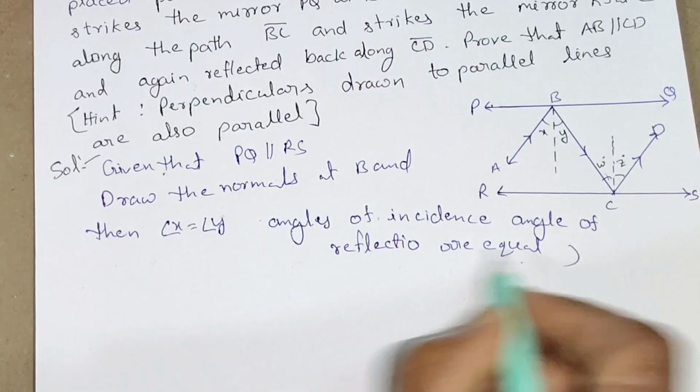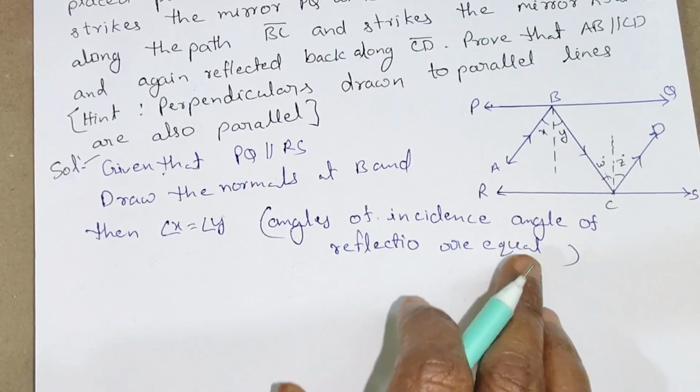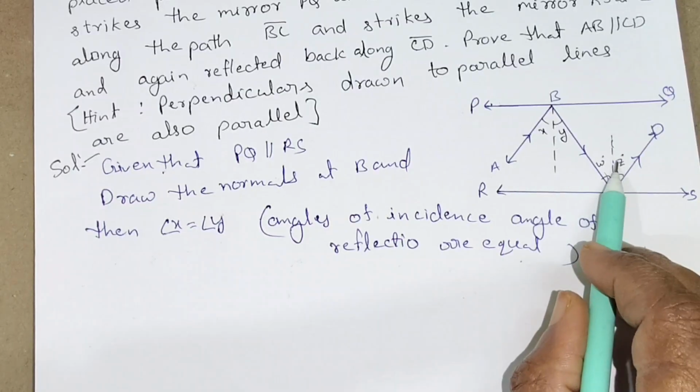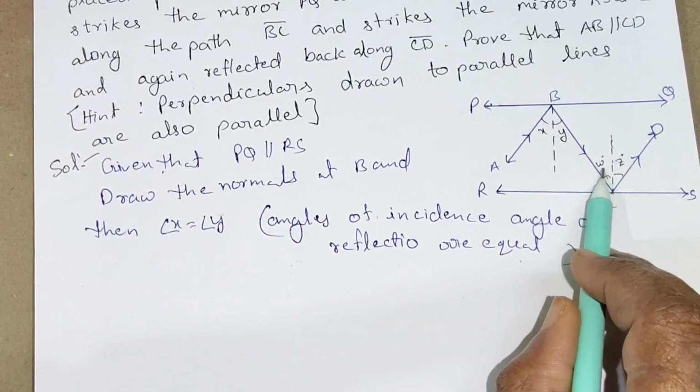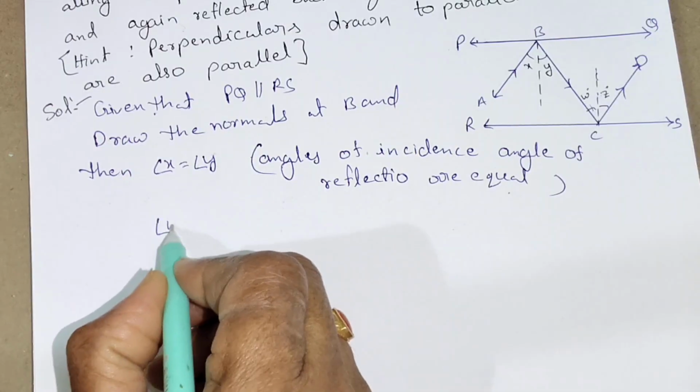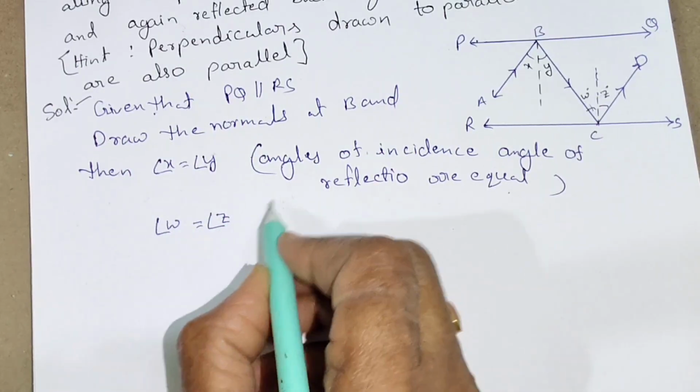So x equal to y. Next, we observe the same here. Here also the incident angle and reflected angle are equal. So W equal to Z.